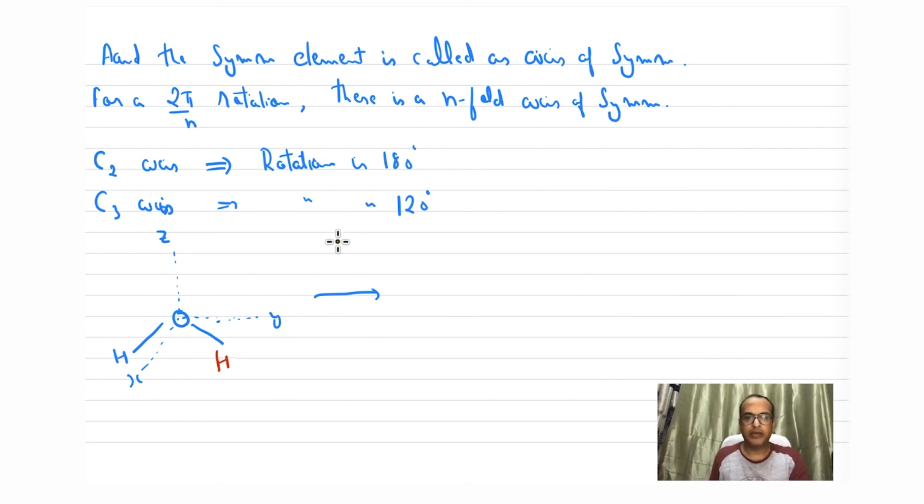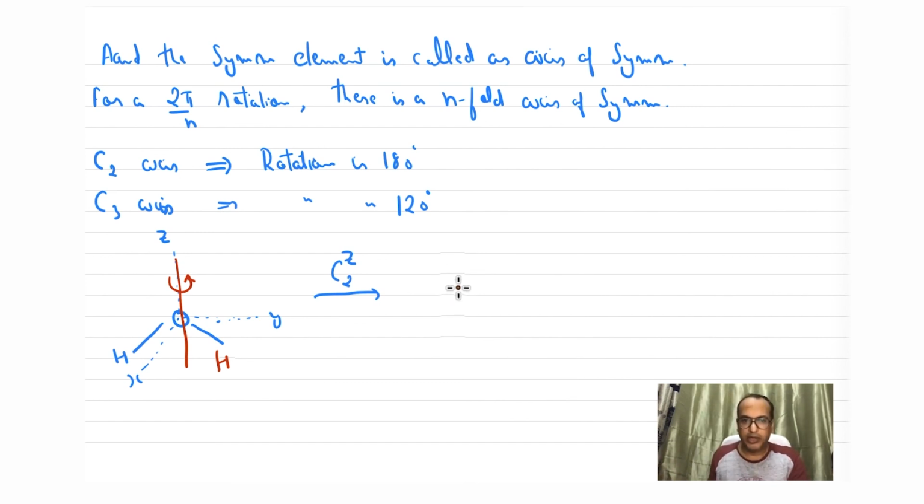Now let's say I do a C2 along the Z axis. I'm taking this axis over here, and the rotation is like this, anti-clockwise. Because it is C2, the rotation will be of 180 degrees. Now how would the molecule look? Let's draw the molecule.